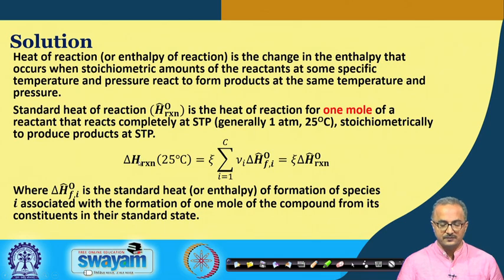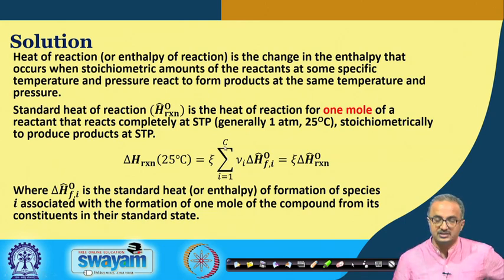Here, we are not going into the derivation of this particular equation. It suffices to know that we have the heat of reaction at 25 degree centigrade, and this is given in terms of the heat of formation of the products as well as the reactants. Depending on the sign of this nu, that is the stoichiometric coefficient, we are able to account for both the products and the reactants.